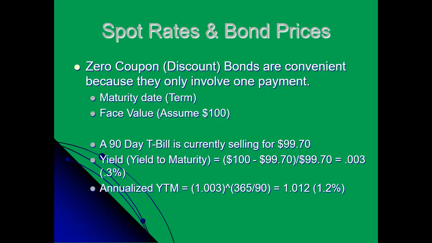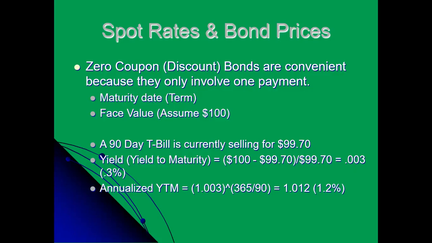That's our YTM. If we're going to annualize that, because this is good for 90 days, so that would be 365, though, is used here for actual number of days. So we can also use that to be able to get our annualized rate.